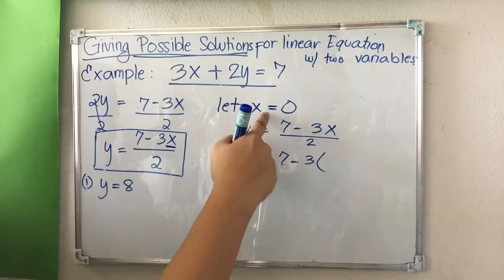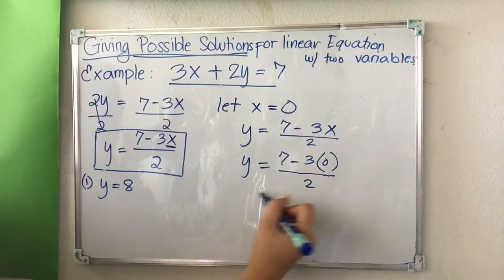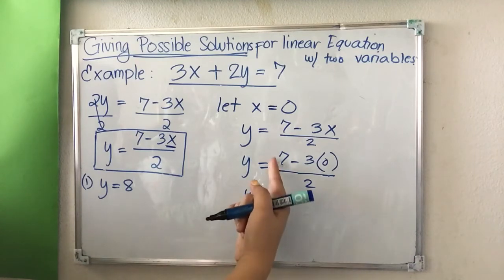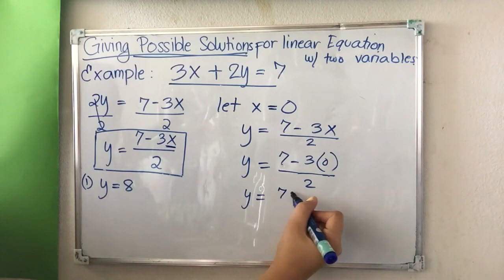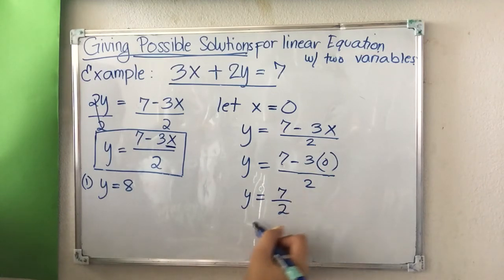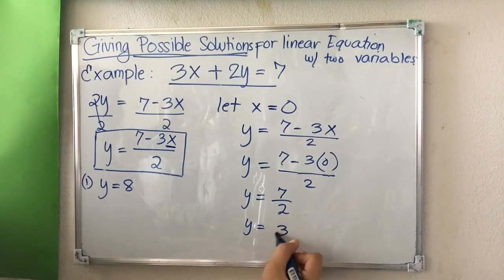Substitute the x with 0. Y is equal to 7 minus 3 times 0 over 2. Of course, that is 0. That is 7 over 2. Y is equal to 3 and 1 half.